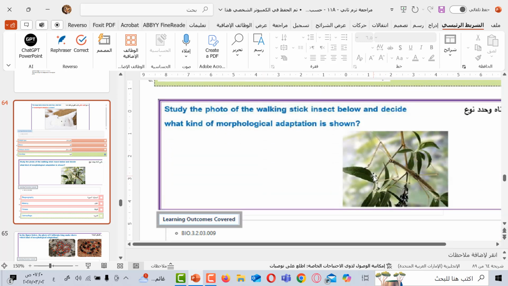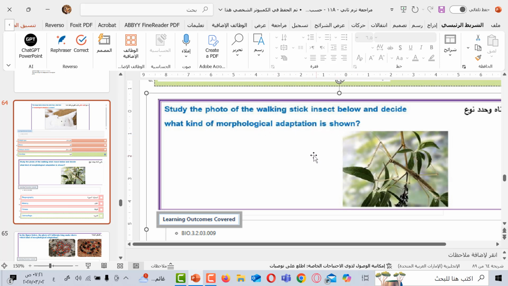And in another picture you see the walking stick insects. Study the photo of the walking stick insects below, and decide what kind of morphological adaptation is shown.